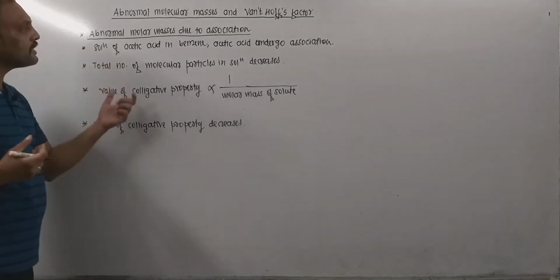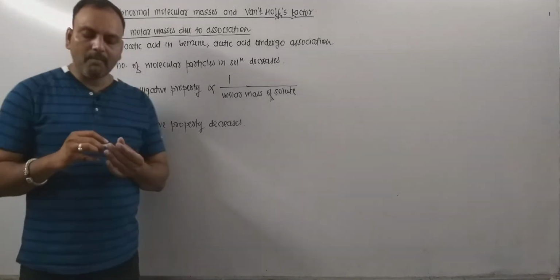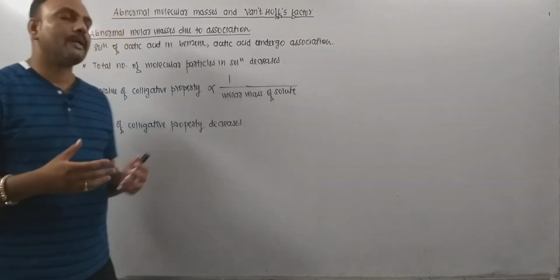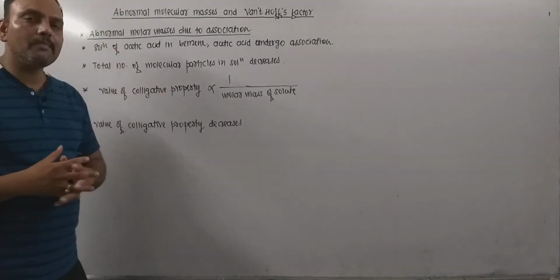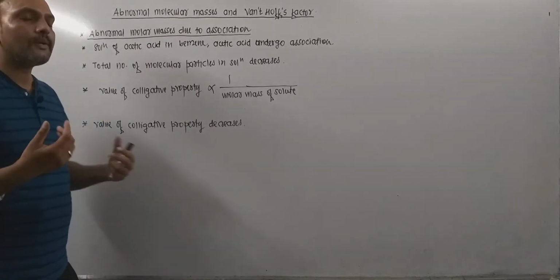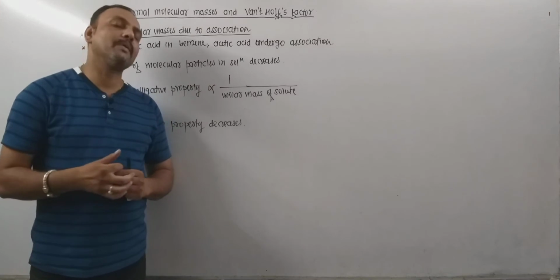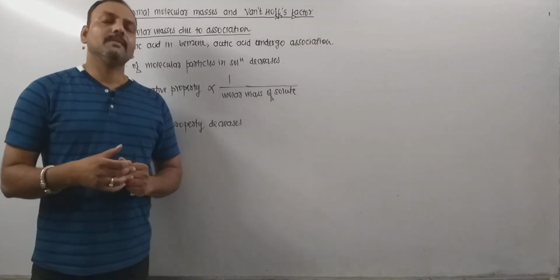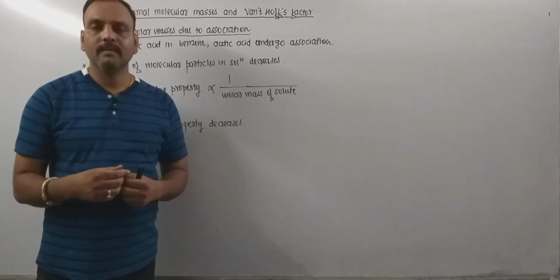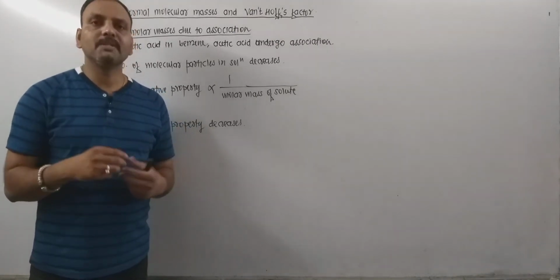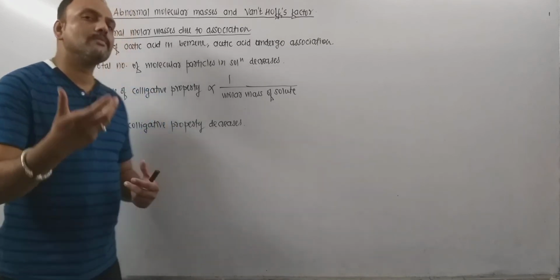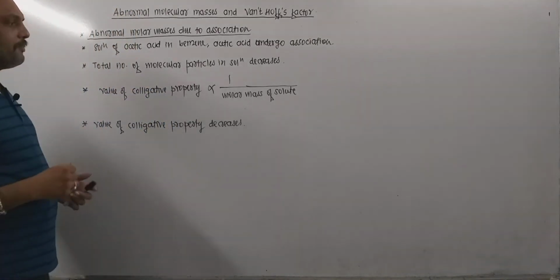If we are discussing acetic acid, remember, molecular mass of acetic acid is 60. So if we add acetic acid in benzene and do the calculation using any colligative property method, then the molecular mass of acetic acid comes merely double, approximately 120, meaning greater than the original.